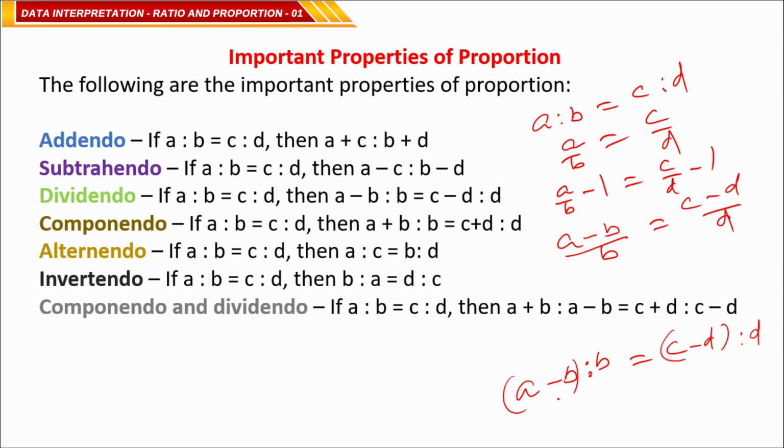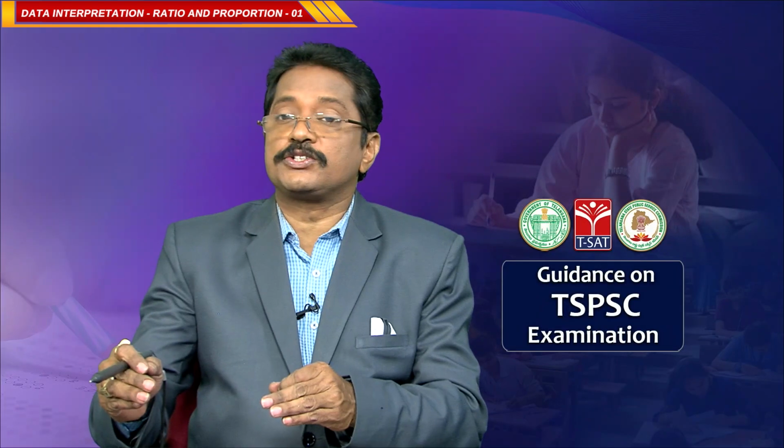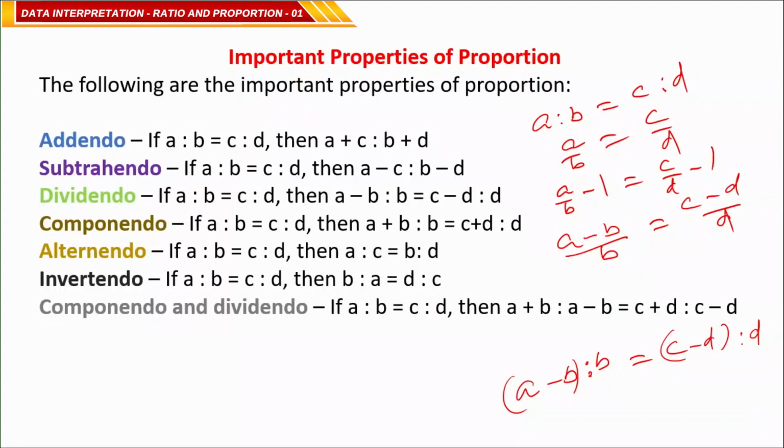This is called dividendo. It means subtract 1 from both ratios.